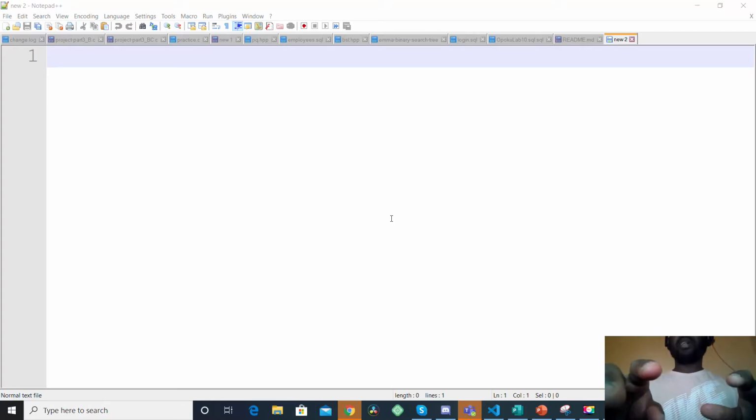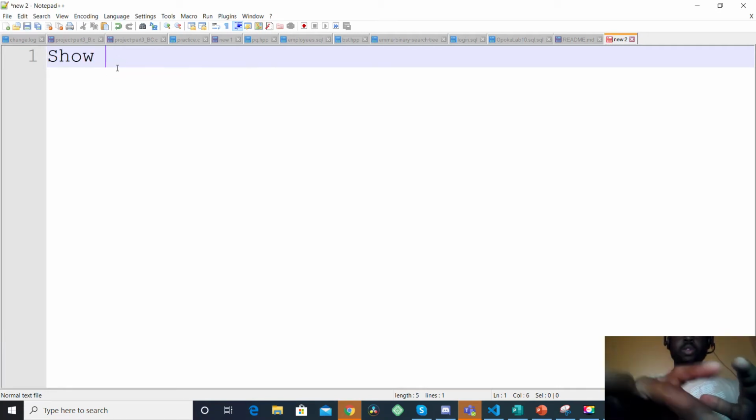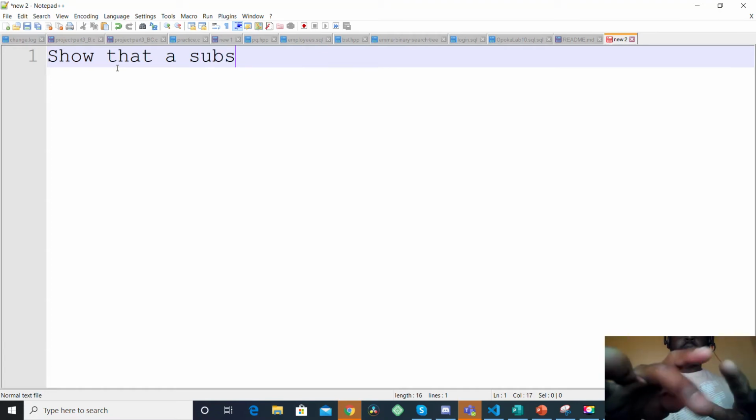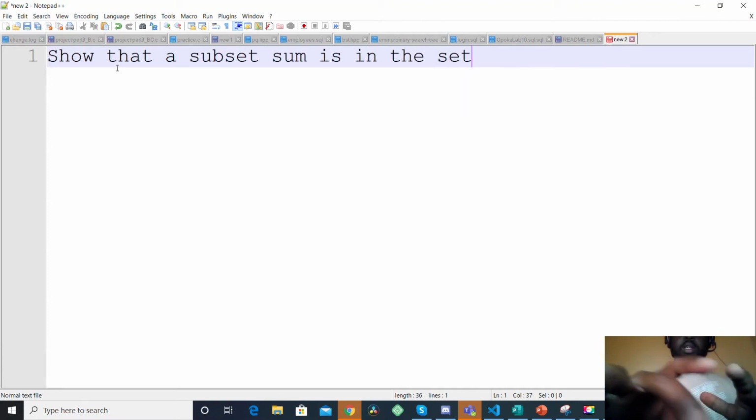Show that the subset sum is in the set of NP.